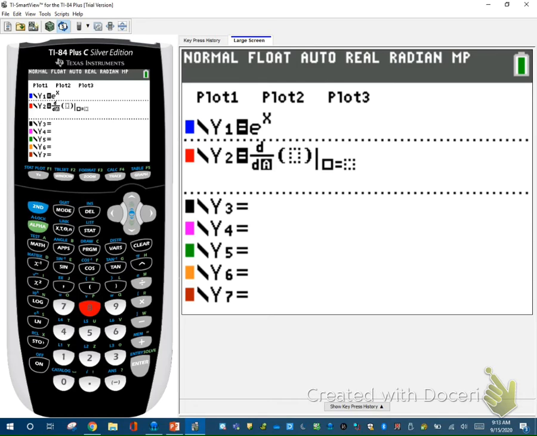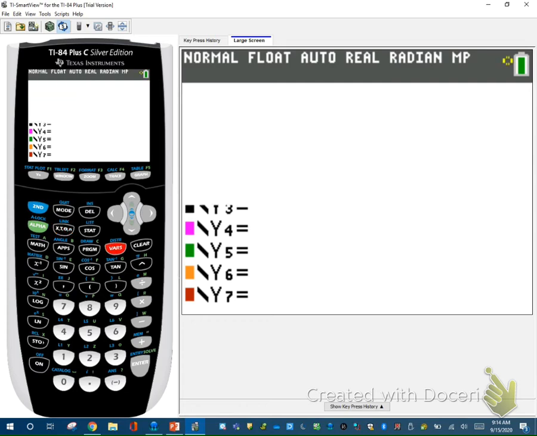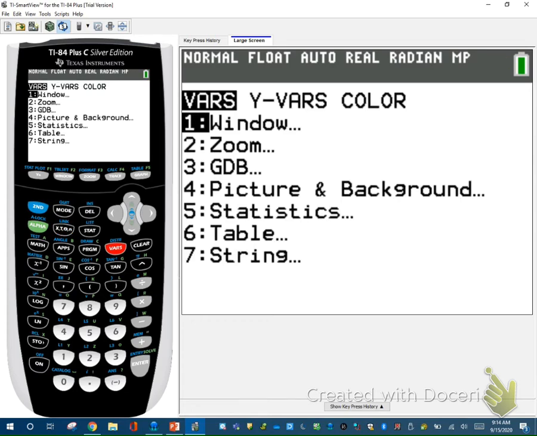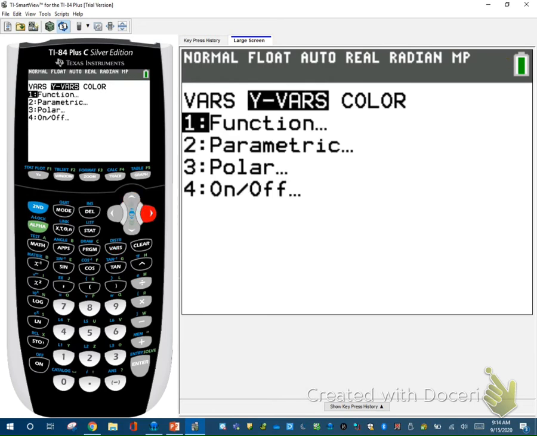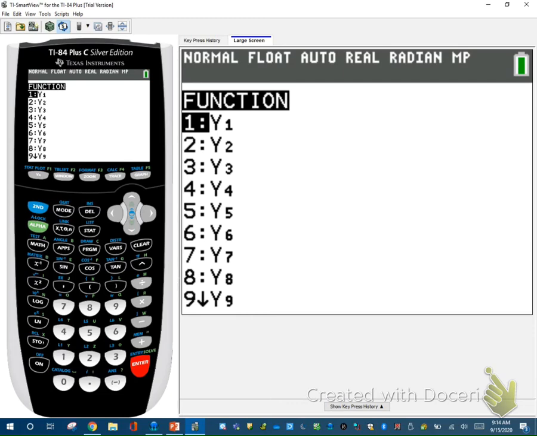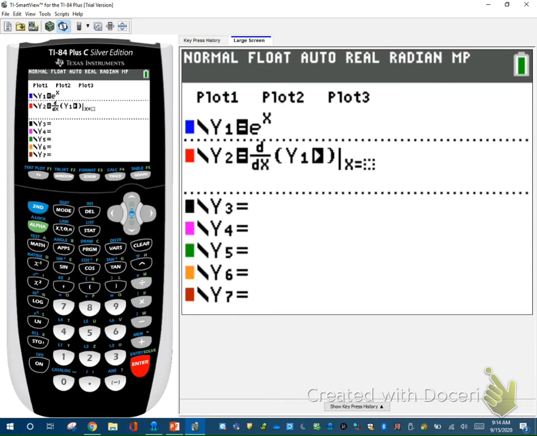I'm going to do the derivative with respect to x. That's always going to be an x right there. And then I can either say I want the derivative of e to the x, or I can tell it I want the derivative of what I had in y1. So I hit vars for variables, Y-vars, hit enter, and there's y1. That's going to do the derivative of whatever's in y1.